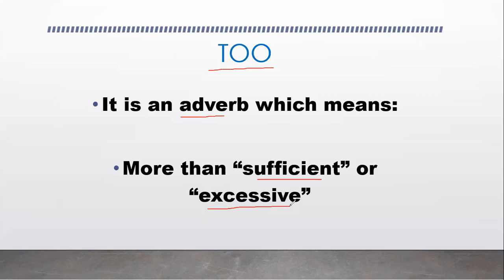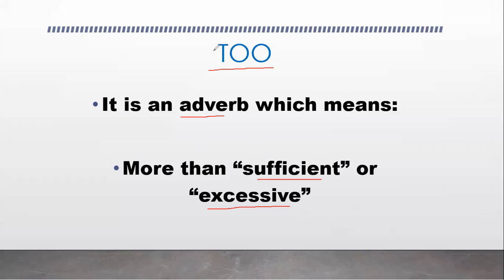For example, imagine Dimitri is offering me coffee, but in my cup I have, no, thank you. I have too much coffee right now. Next time, right? I have too much coffee. So that means I have excessive coffee in my cup. All right.